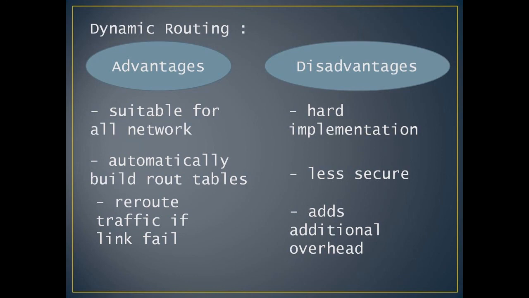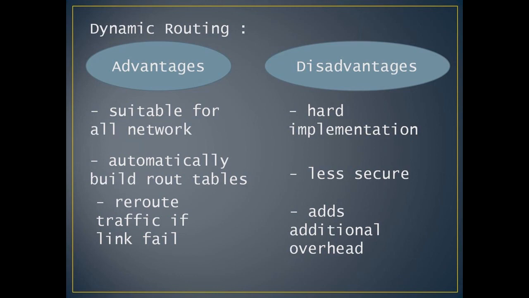Now I'll explain the disadvantages of dynamic routing. First of all, dynamic routing is very hard to implement. Why? Because of its complexity, which gives an administrator a hard time implementing it.